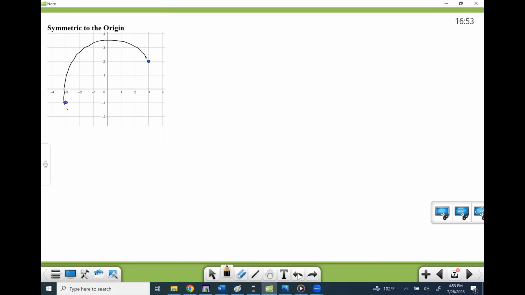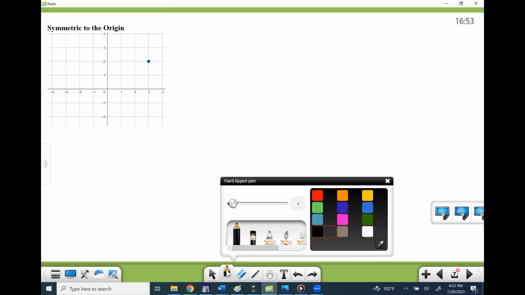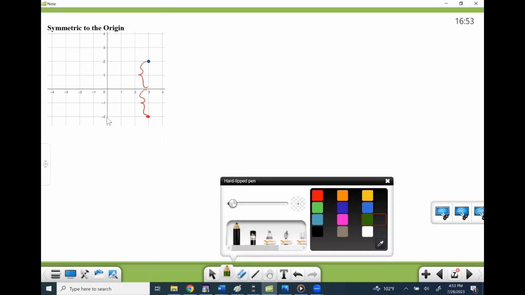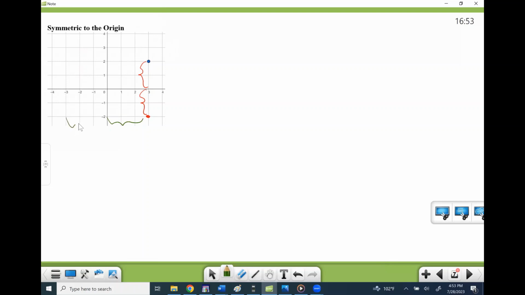Now we said if you can't see 180-degree rotation, that's fine. You just do a double reflection. So if we were to double reflect, and the order doesn't matter, let's say we did it over the X first this time. We'd be here. And then if we did it over the Y-axis, 3 spaces, we'd be right here.